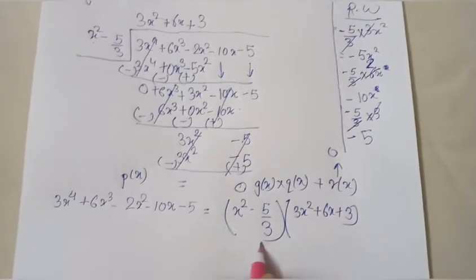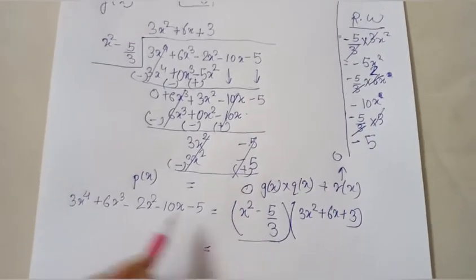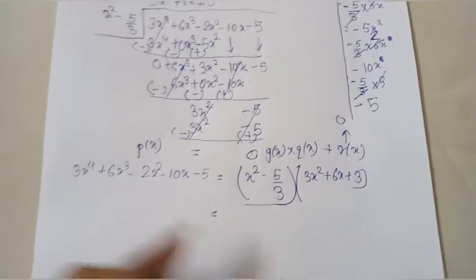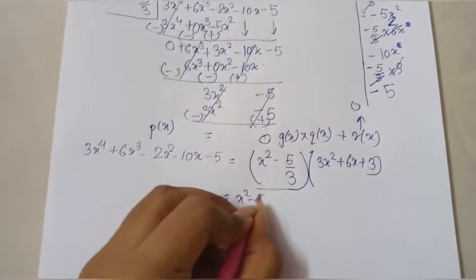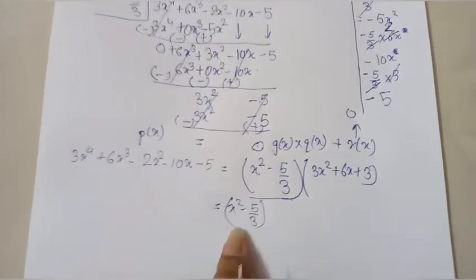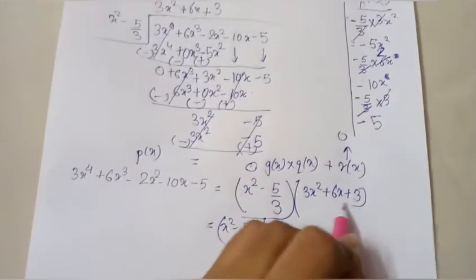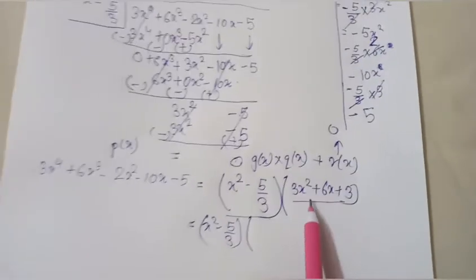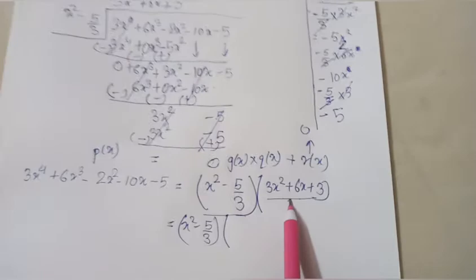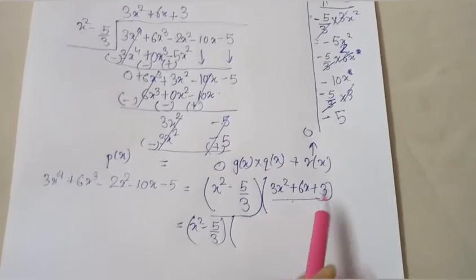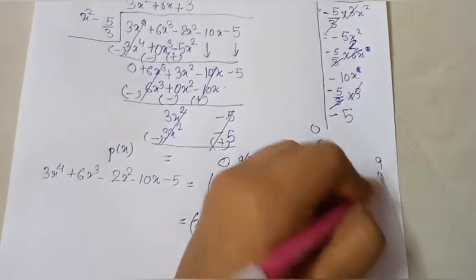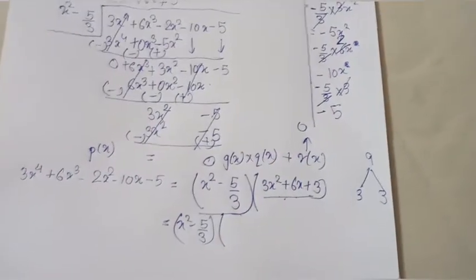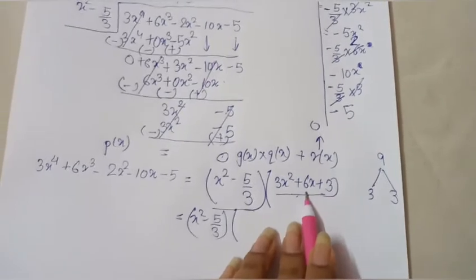Now as you know, we can write it as a plus b, a minus b, but we will not write it now as it will take a lot of space and waste our writing time, so we'll keep it like this only. And this is a quadratic equation, and you all know how to find the zeros of a quadratic equation. So we'll do that: 3 into 3, 9, by breaking the middle term. The first thing coming to mind is 3 into 3, which will give us 6.